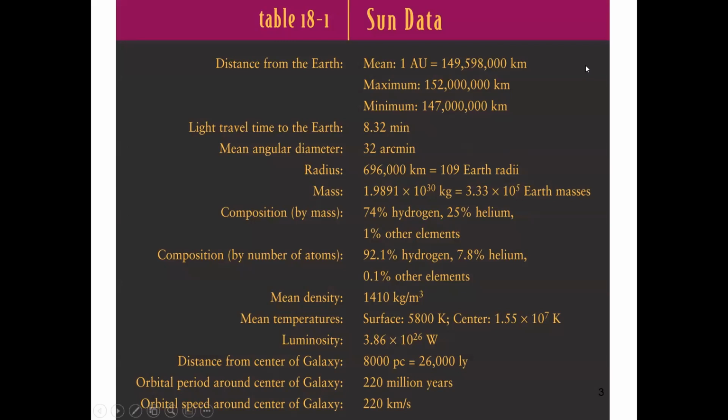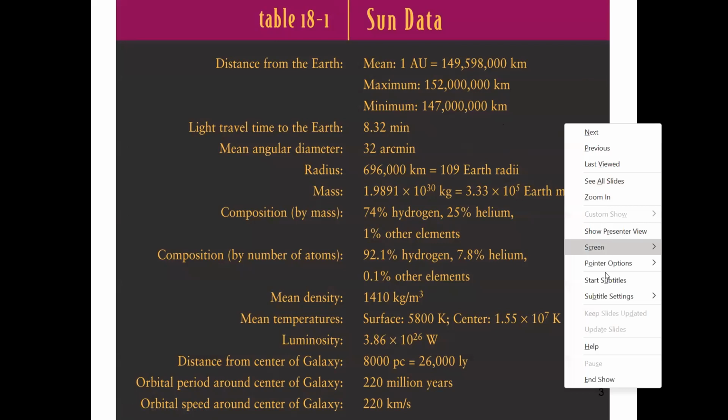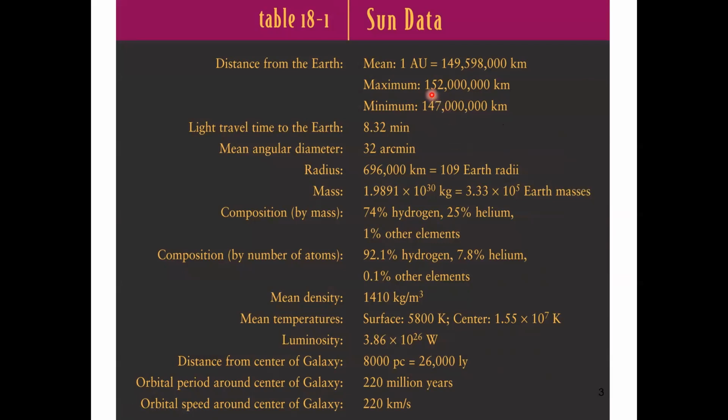So I just want you to look at some of these numbers and try to remember some of them, not all of them, obviously. It's interesting to see that the distance from the Earth to the Sun is not a constant. It can be maximally 152 million kilometers, minimally 147 million kilometers, right?